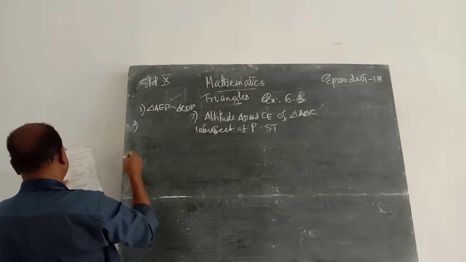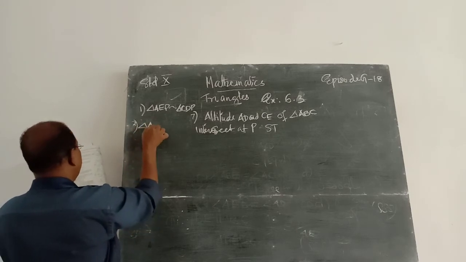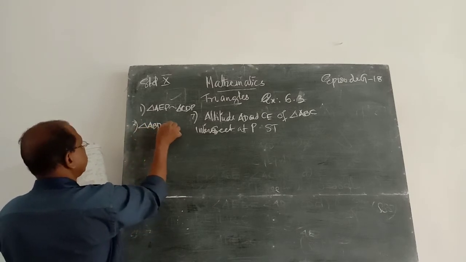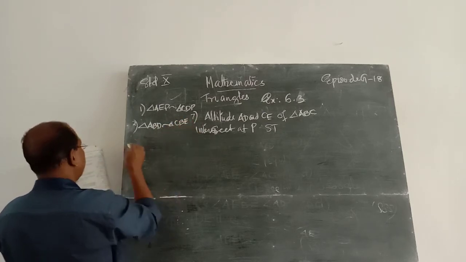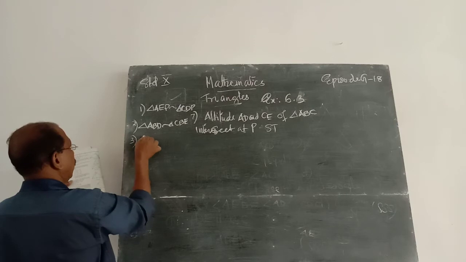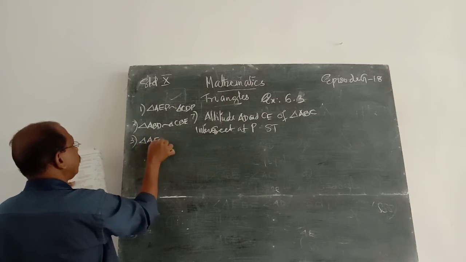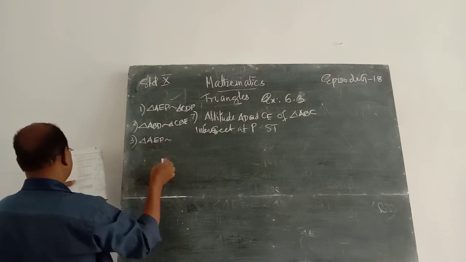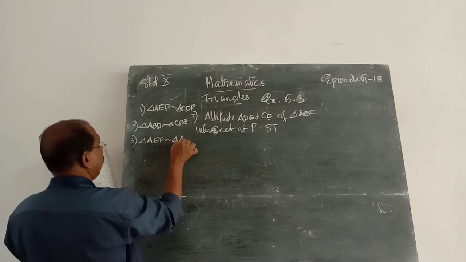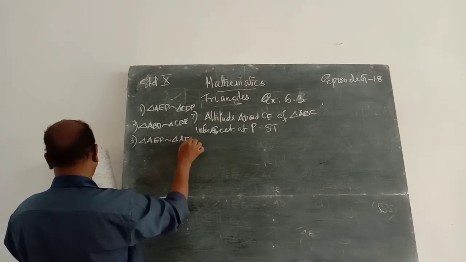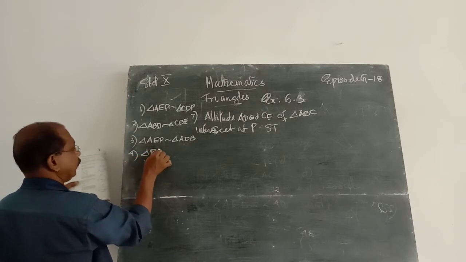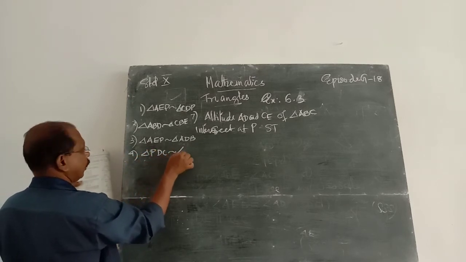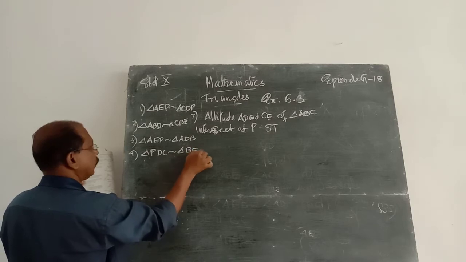Second question, triangle ABD is similar to triangle CBE. Third question, triangle AEP is similar to triangle ADB. Fourth question, triangle PDC is similar to triangle BEC.